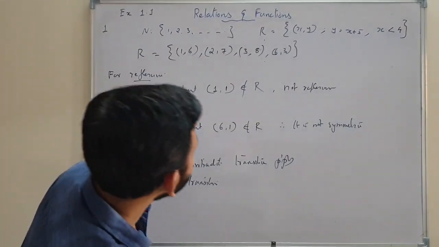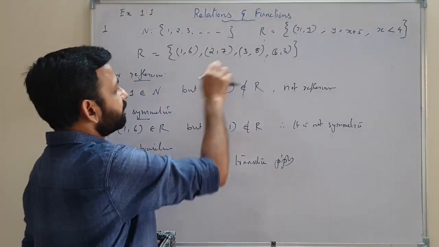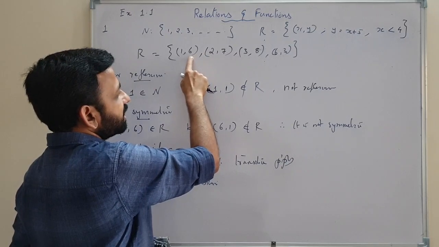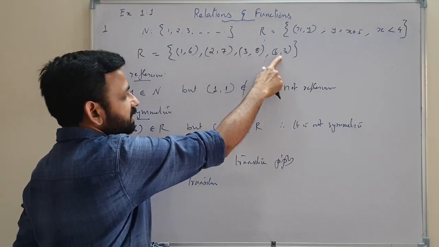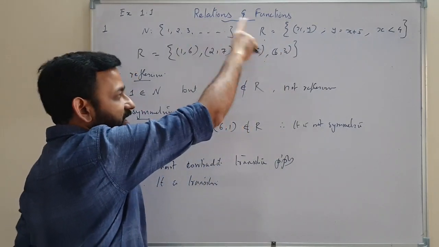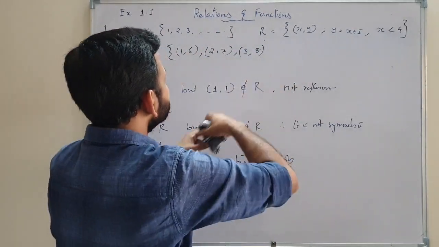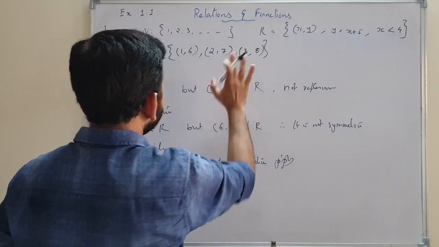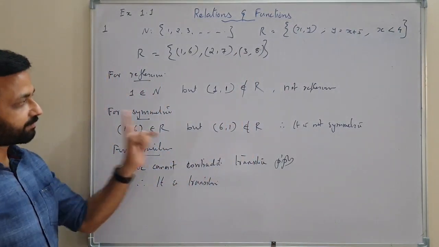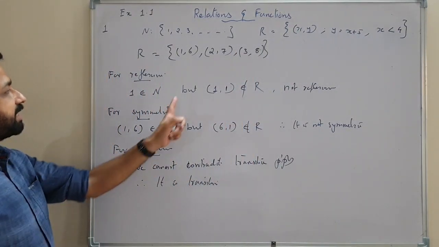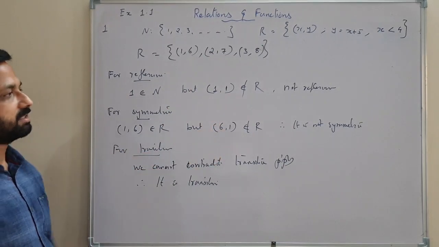But in our question, we don't have that element. We don't have a second element starting with 6 here, so we cannot contradict the transitive property. Therefore, it is transitive, but it is not reflexive and not symmetric.